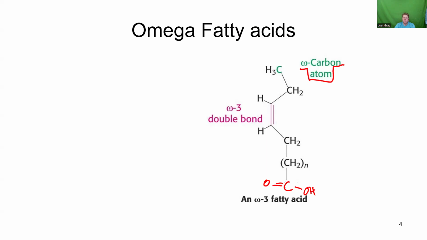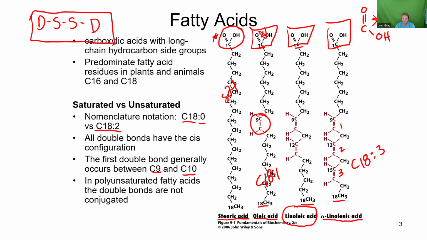So whenever you hear something like an omega-3 fatty acid, where is that 3 coming from? The way that it is numbered is you start with the terminal or end carbon, the one that's farthest from your carboxylic acid. On these, it would be carbon number 18.